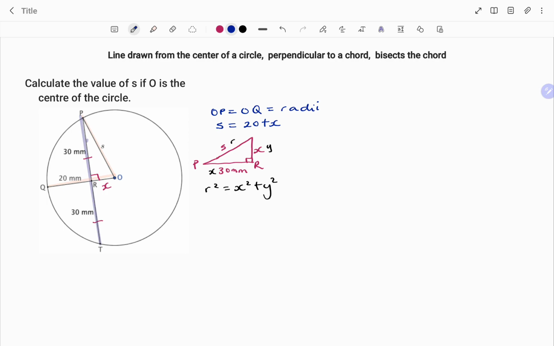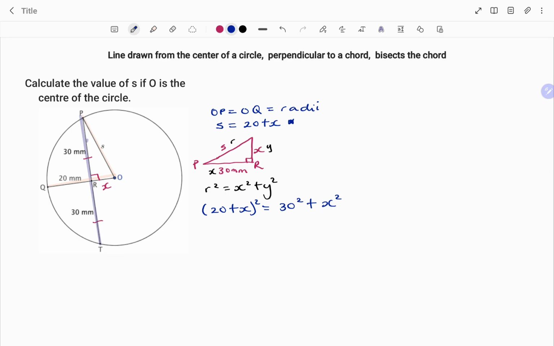I'm going to substitute all the values. R squared, which is also my S, and has been shown as 20 plus X, I'm going to put that in a bracket, equals X squared, which is 30 millimeters squared, plus Y squared, Y is my X squared.